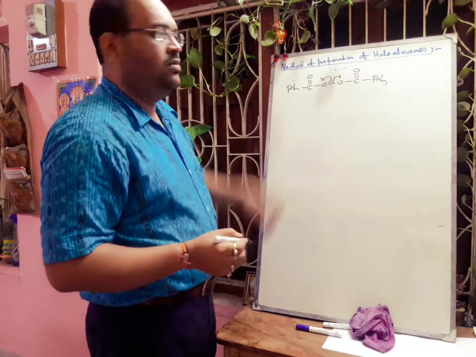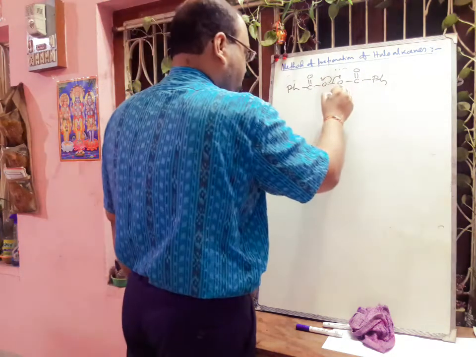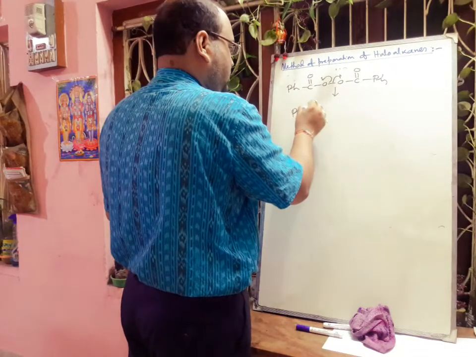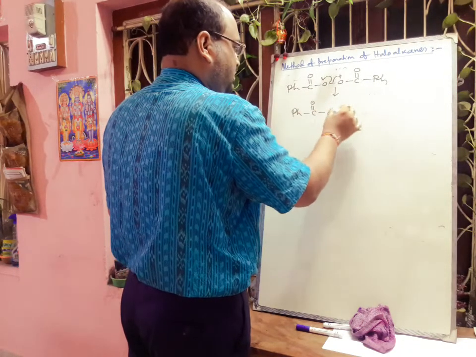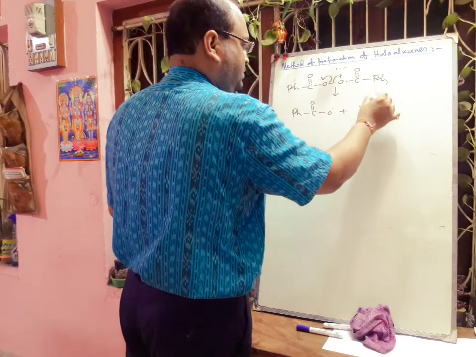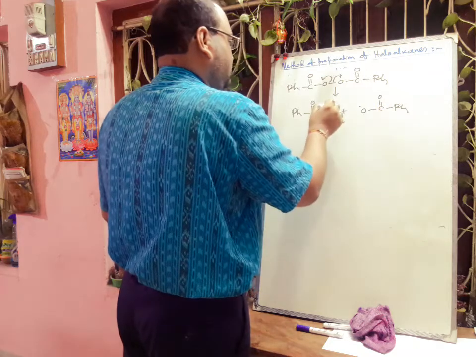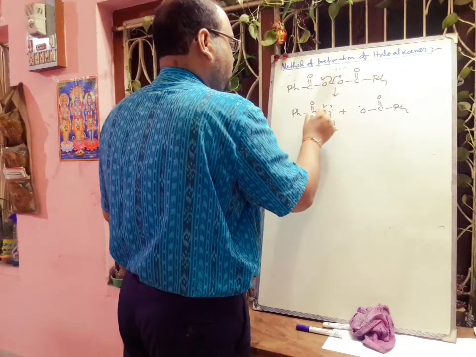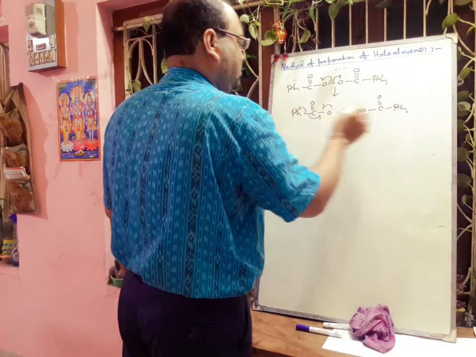First, there will be homolytic cleavage of this peroxide bond, and we will get the free radicals. Then this radical will dissociate, and we will get carbon dioxide and Ph dot.